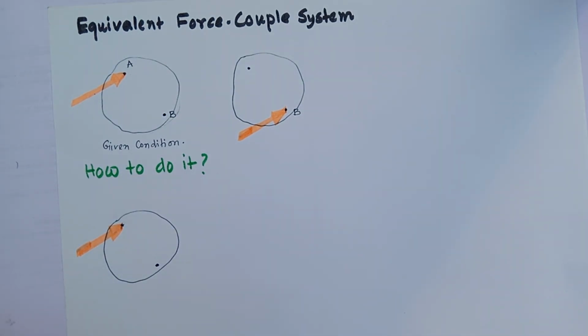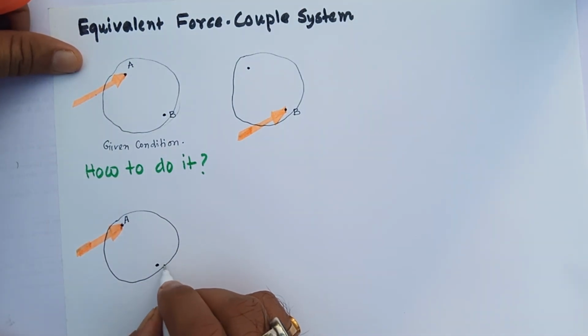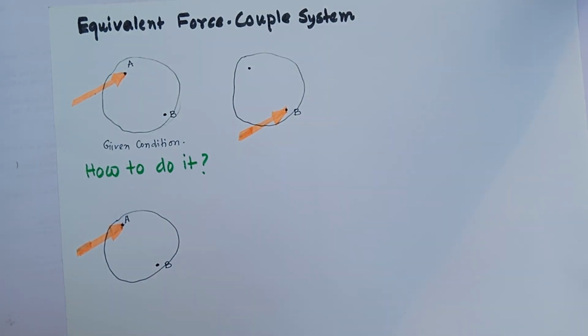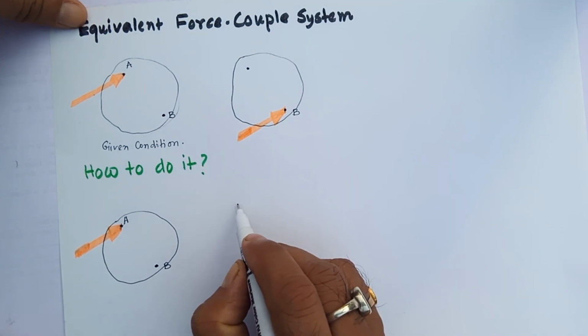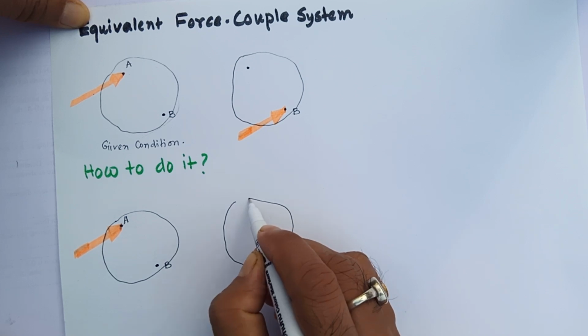This is point A. Now immediately what I can do is go directly for the desired condition. That is what is needed.